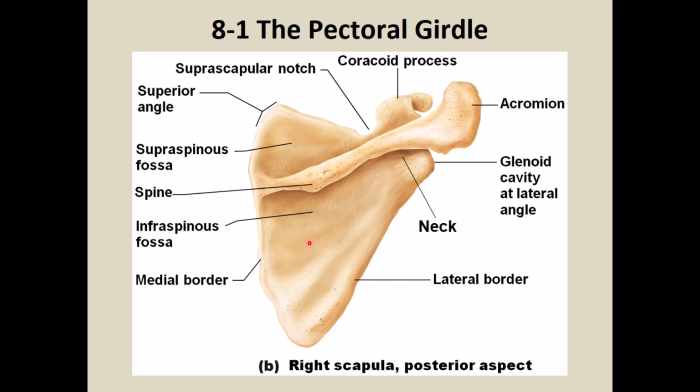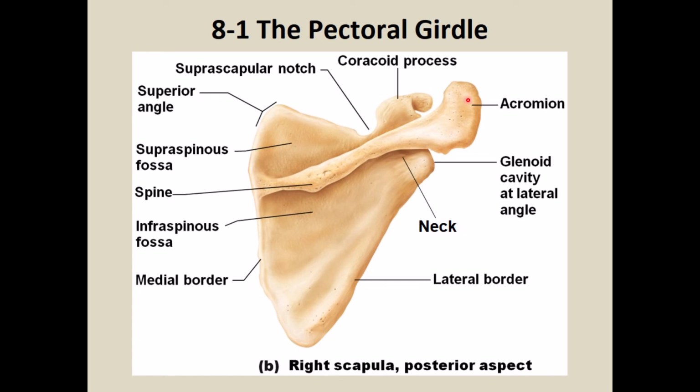And this one is called infraspinous fossa, this whole area, and that is where infraspinatus muscle attaches. So the posterior surface is divided into these two fossae by this bony structure, which is called spine. And the spine continues laterally and then ends up with acromion. So again, you can see the acromion is higher than the coracoid.